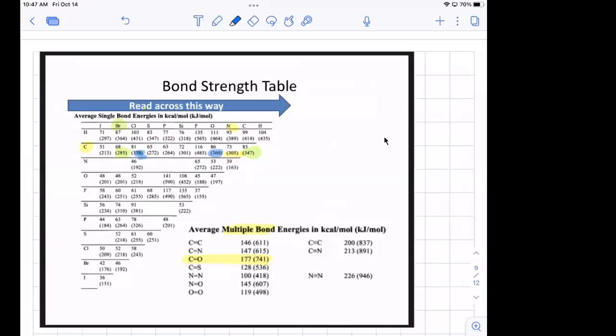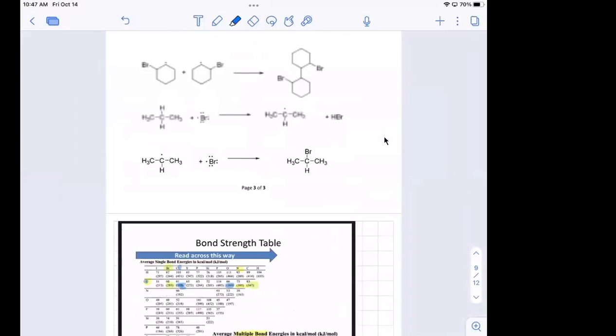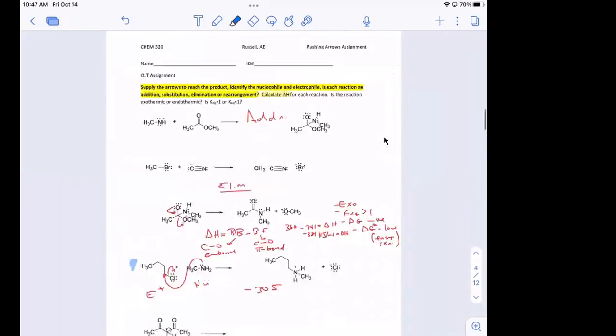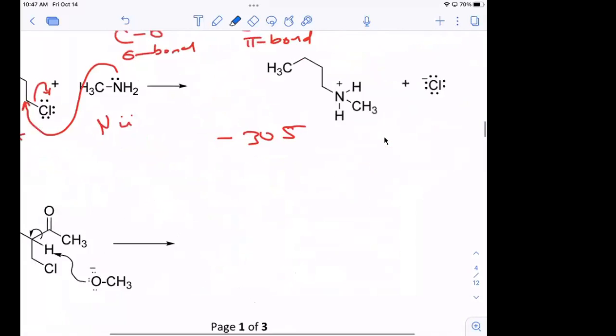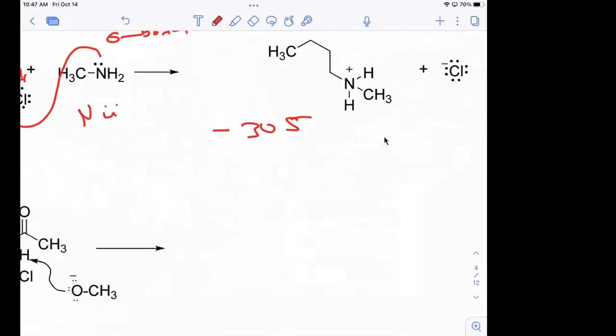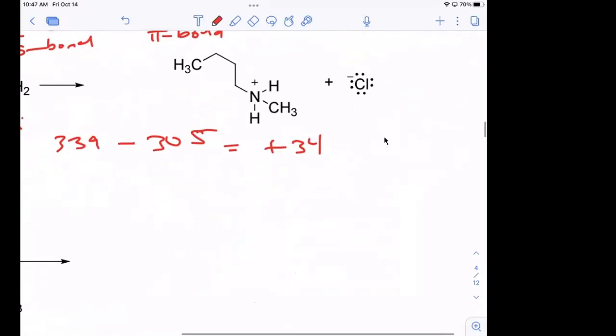Based on the chart, carbon is here, chlorine is here, so it's 339. All right, let's put that in. That gives positive 34 kilojoules per mole.